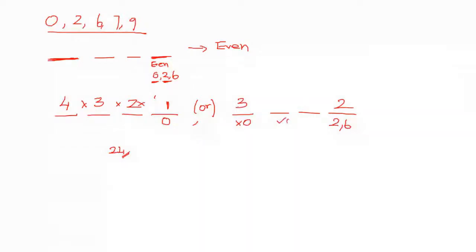In the hundreds place, once again three possible values can be placed, and here two possible values. So totally 36 possible values can be placed. Either this can happen, or, as I already mentioned, 2 and 6 at the last digit can be possible. So overall we add these cases together.